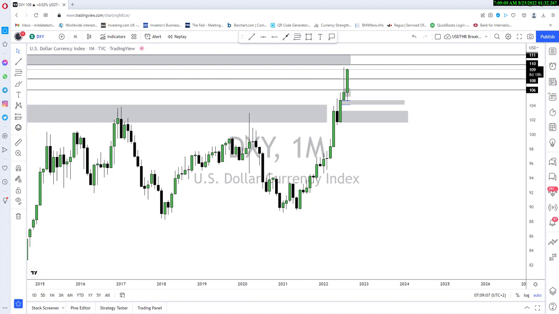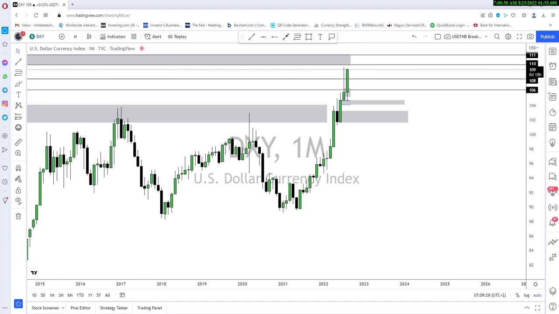So we have seen that continue during the Asian session early this morning, and heading into the European session, just around maybe 30 an hour from now, I think this is going to continue. This move to the upside on dollar is really going to continue.